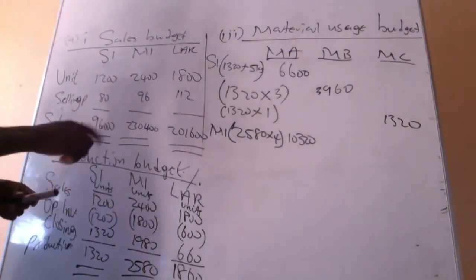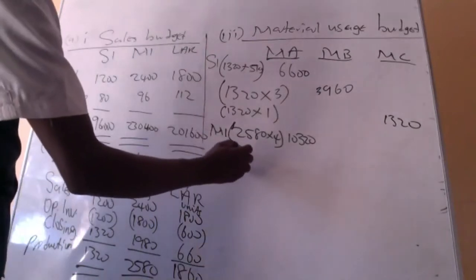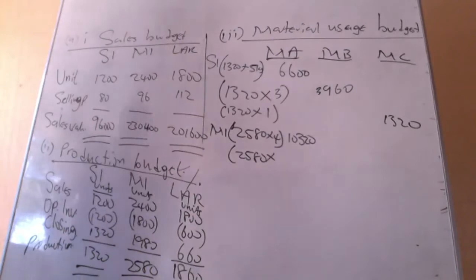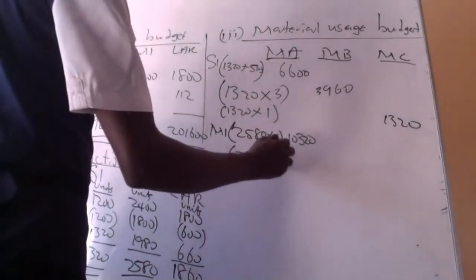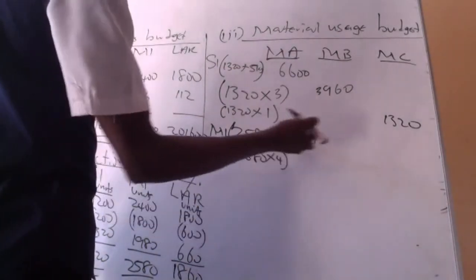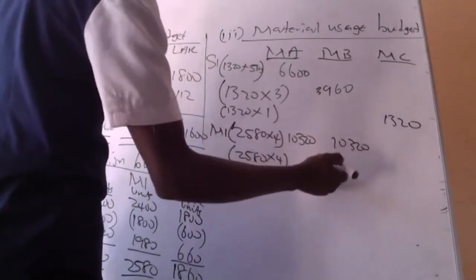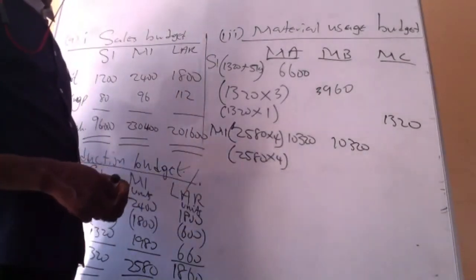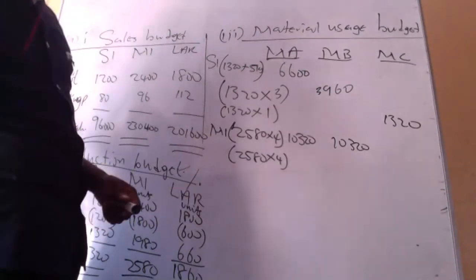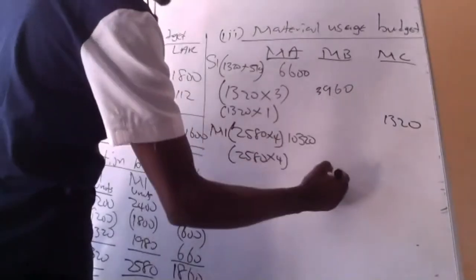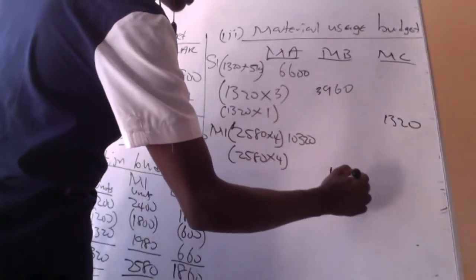Then I'll go to MB, still 2,580 by the requirement. 4. Okay, then can we put the same figure here, or should I step it down? You step it down. Okay, that's fine. So 10,320, you step it down.